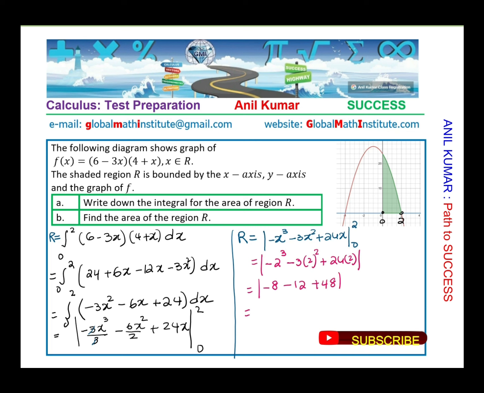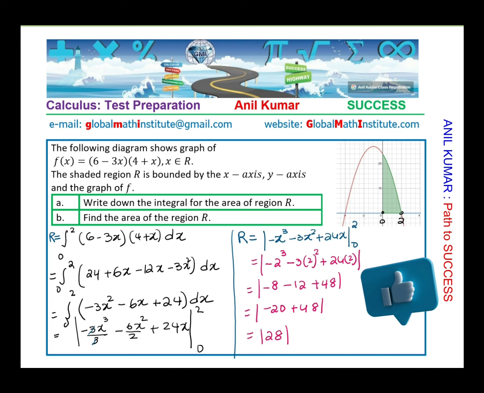And that gives you, so we can take away 20 from 48, and that gives you 28. So the area is 28 units squared, correct?